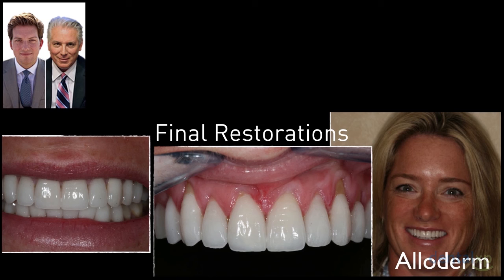So now, instead of having to wait 3 months, the patient gets their chief complaint satisfied with the final restorations, and now I'm called upon to try to bring this soft tissue down to the veneers.